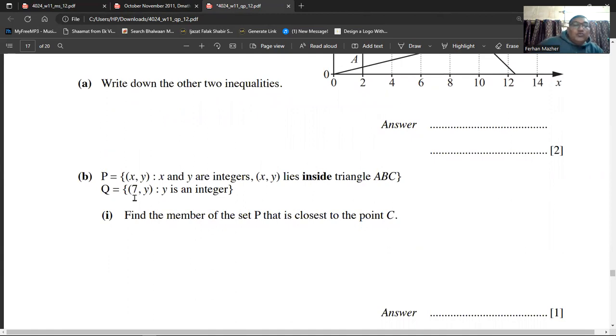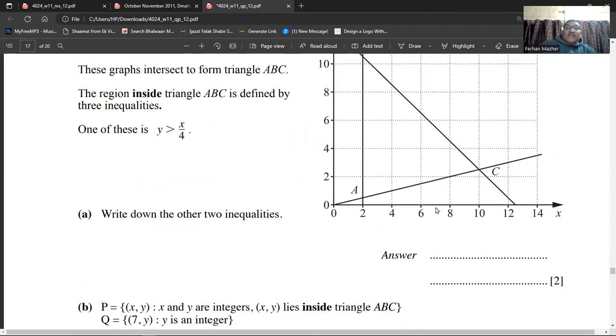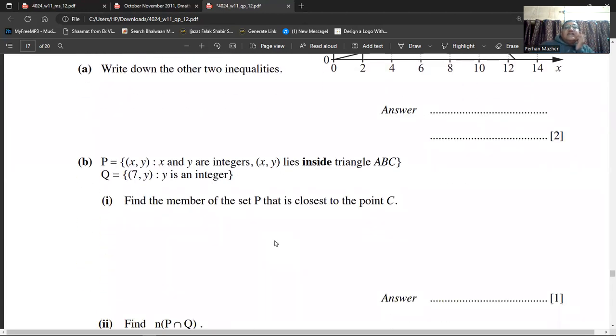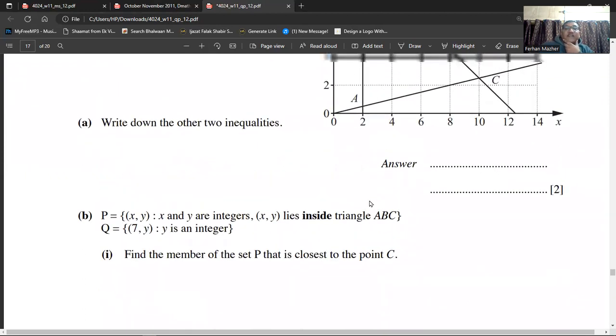He says Q is in the form of 7 comma y, and y is an integer. So Q is on this line x is 7, and it is in this triangle and y is an integer. So it can be 7 comma 2, 7 comma 3, 7 comma 4, and 7 comma 5. He says find the member of the set P that is closest to the point C.